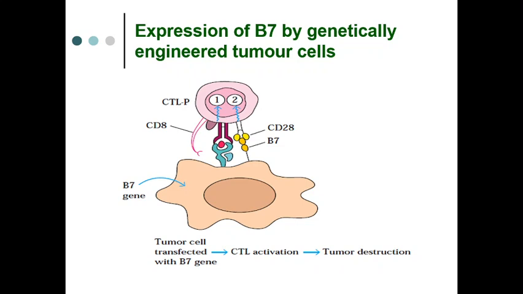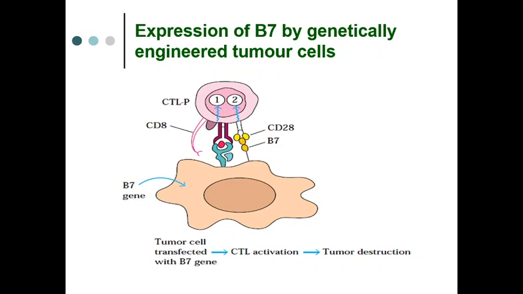They are inherently expressing class 1 MHC, and the class 1 MHC also is carrying the tumor antigens. The tumor cells now behave like antigen presenting cells, in the sense they will have the antigens that are specific to their own origin expressed by the class 1 MHC, and genetically engineered tumor cells expressing B7 molecule will attract the CD8 T cell response.